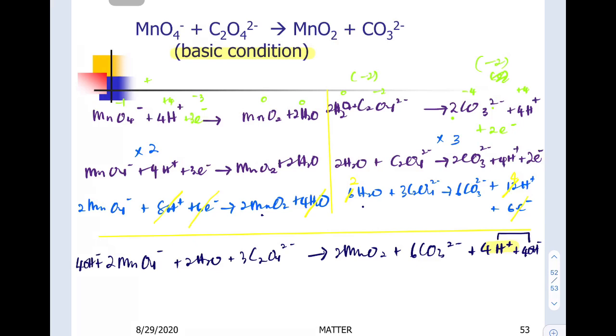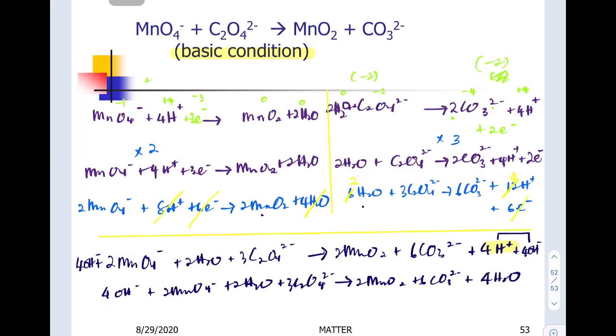When these two combine, they neutralize and turn to H2O. So it will form 4 hydroxide plus 2 MnO4 minus plus 2H2O plus 3C2O4 2 minus turns to 2 MnO2 plus 6 carbonate plus 4H2O. We can cancel this H2O with this H2O, so we have 2 left.